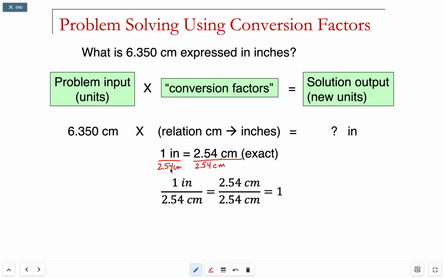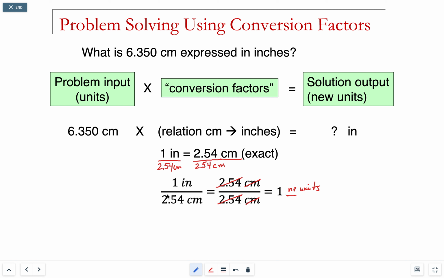We have now 1 inch divided by 2.54 centimeters is equal to 2.54 centimeters divided by 2.54 centimeters. So 2.54 divided by 2.54 cancels to give us 1, and centimeters divided by centimeters gives us no unit at all. We just end up with this relation 1, right? This length divided by the same length equals 1.